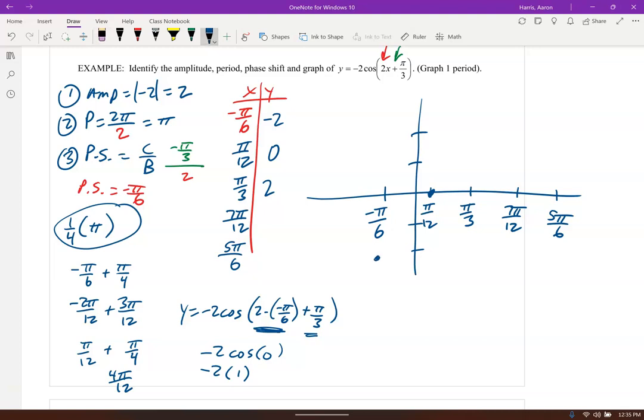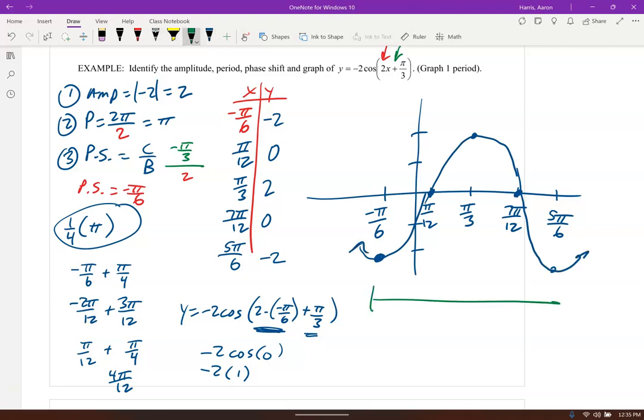Start right there. Negative pi 6, negative 2. Sorry about that. Pi thirds 2, and then 7 pi 12ths will spit out 0. 5 pi 6 will spit out negative 2. And you'll have a cosine function. Again, that period here is pi. Amplitude is 2, right?